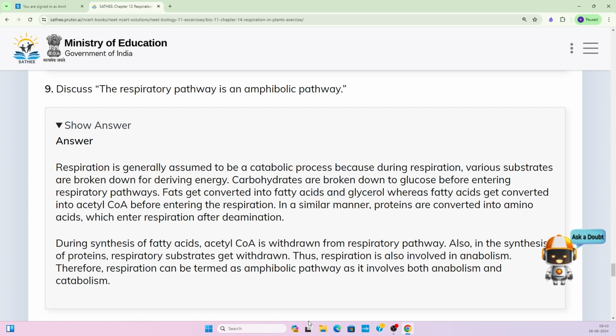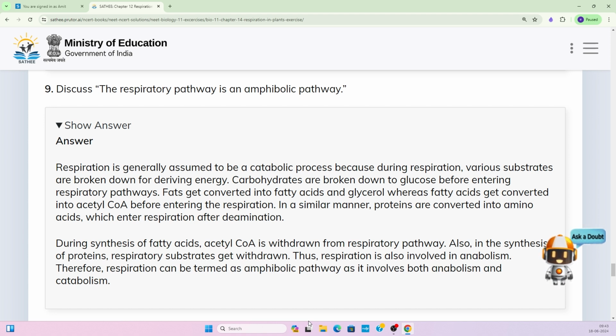So here you can see the fats are also entering the respiratory pathway. In the presence of lipase enzyme, the fat is broken down into fatty acid and glycerol. This fatty acid gets converted to acetyl coenzyme, which enters the citric acid cycle, that is, the Krebs cycle.